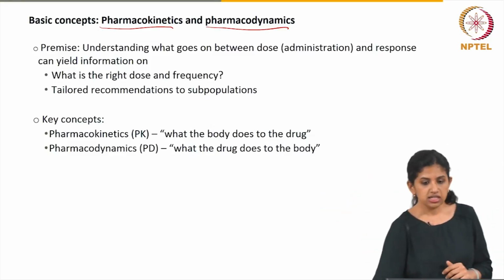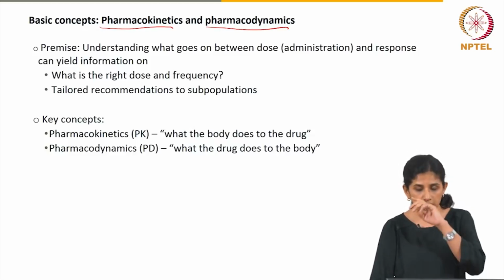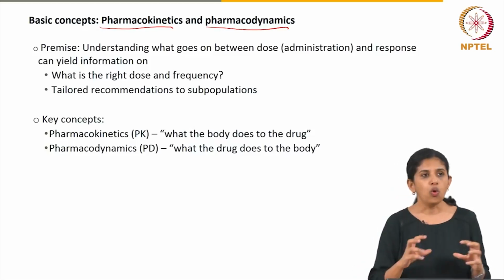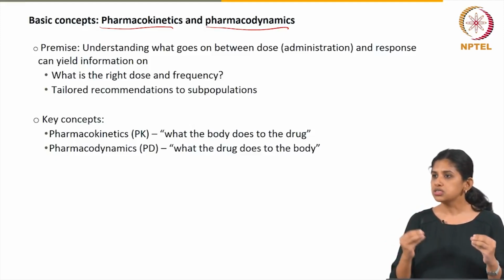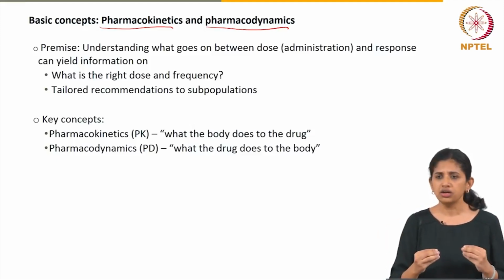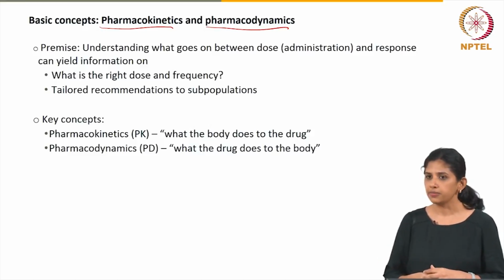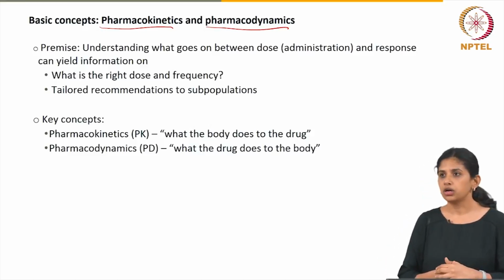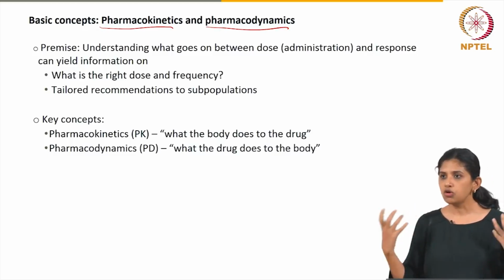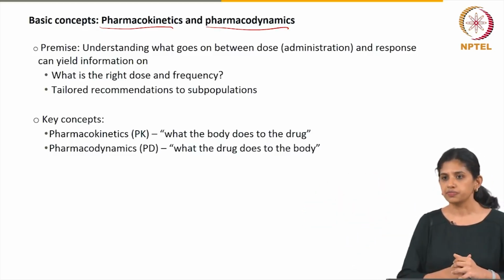The next thing is pharmacodynamics. Here what we are doing is, once all of this processing has happened to the drug that you have injected, what does it do to the body? What part of the body does it go hit? When we were talking about painkillers, we know that the target is the nervous system.